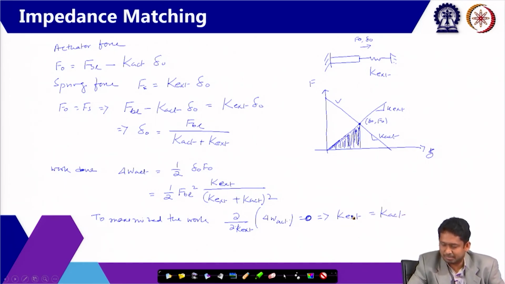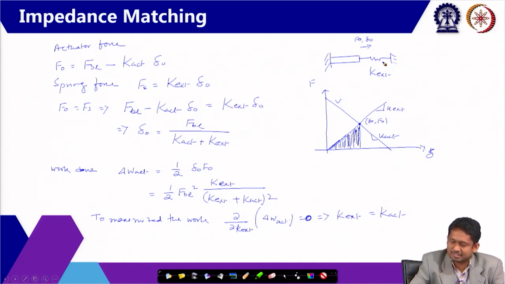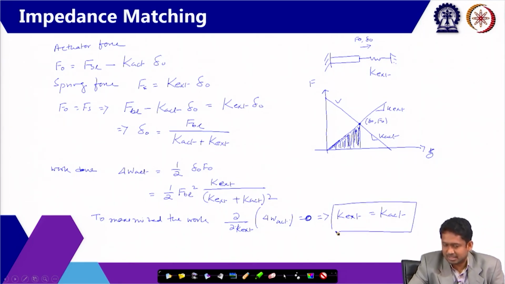So, to extract the maximum amount of work, we have to make sure that the external stiffness and the actuator stiffness are the same, and this concept is called impedance matching. So, when impedance matches, we get most of it from the actuator.